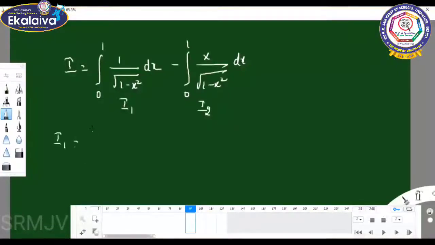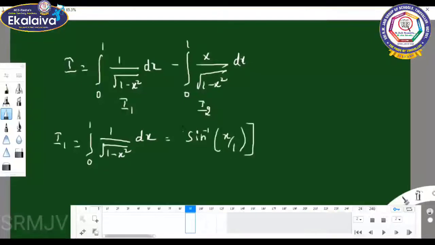I1 equal to integral 0 to 1 of 1 by root of 1 minus x square into dx. You know the formula, 1 by root of a square minus x square into dx equal to sine inverse of x by a plus c. So sine inverse of x by a, don't put plus c because the limit is given 0 to 1.